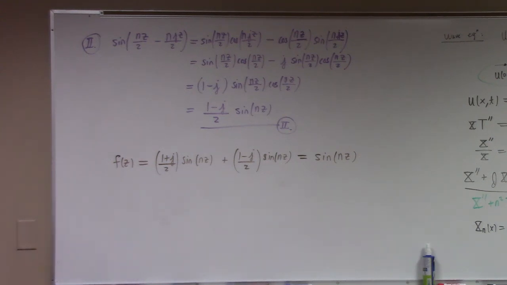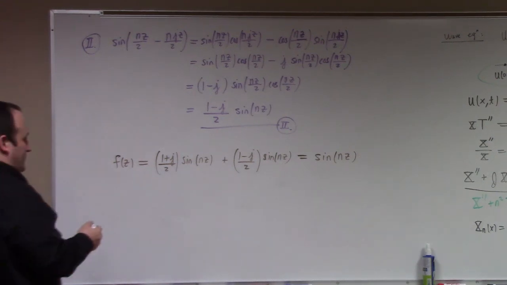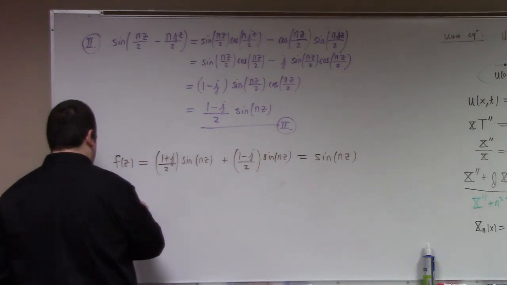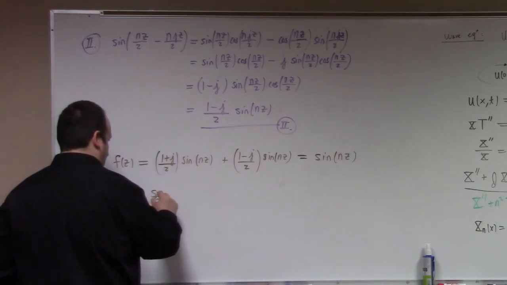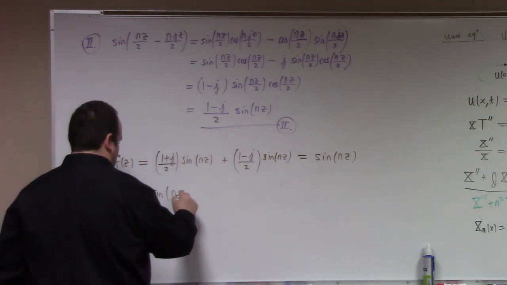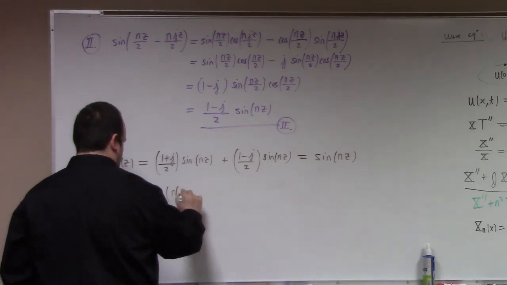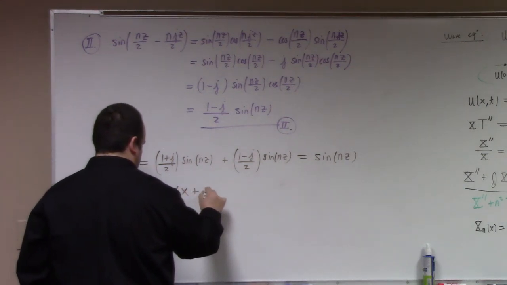Okay, what are the component functions of that? N times x plus jt, right?